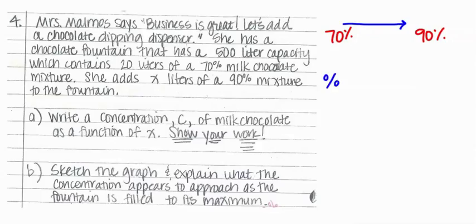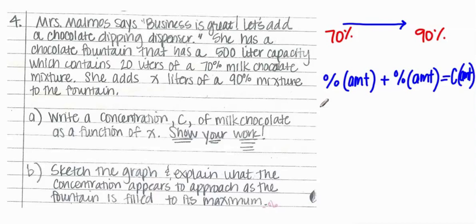Quite simply, you take your percentage times the amount that you have of that percentage plus another percentage times the amount that you have of that percentage, and that's going to equal the concentration times your total amount. The percent that we start with is 70%, and I have 20 liters, so 70% times 20 liters.